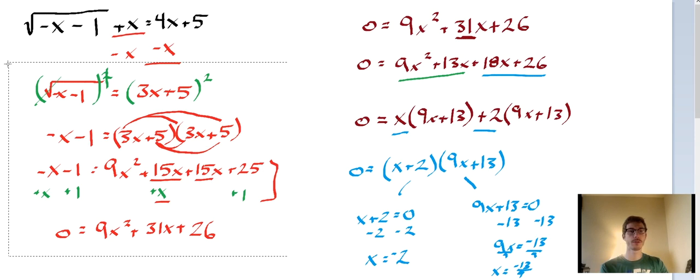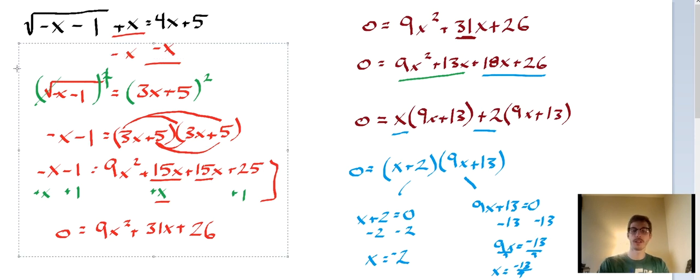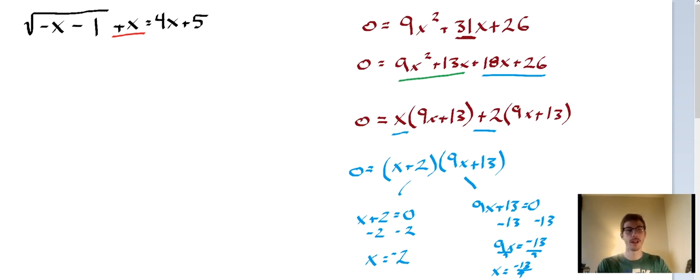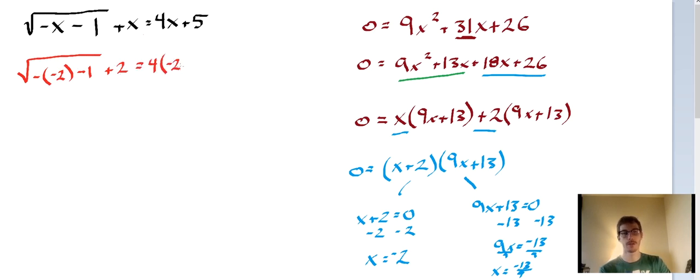What's really crucial when you work on these problems is you need to check your answers. Because we squared both sides, it can give us certain terms that won't work out the way that they would underneath the square root. So let's go ahead and check. Negative 2 minus 1 plus 2 is equal to 4 times a negative 2 plus 5. Sorry, that needs to be a negative 2 because our x value is negative 2.